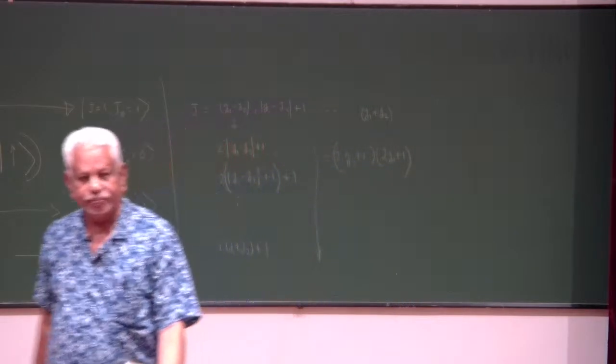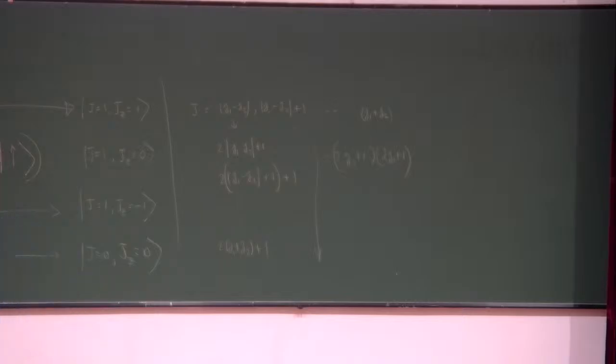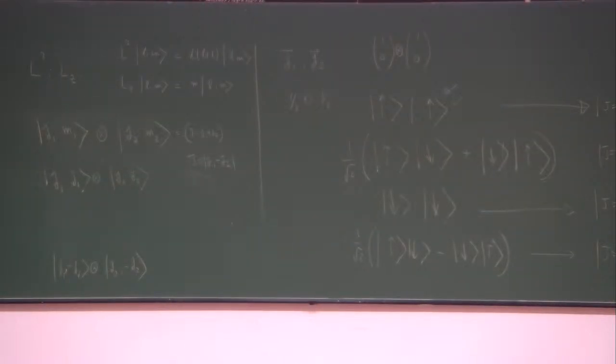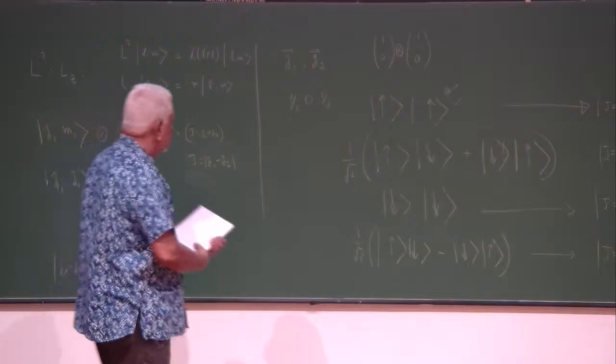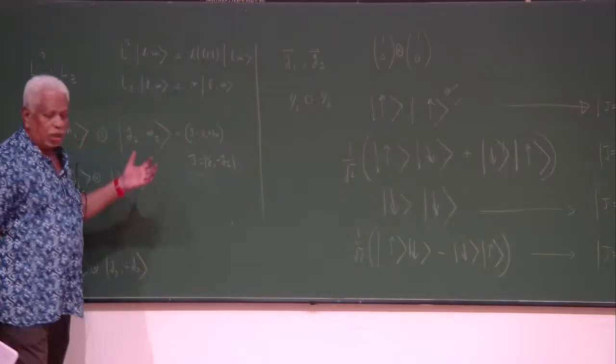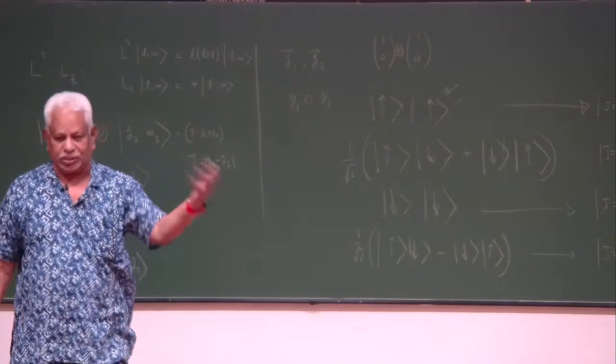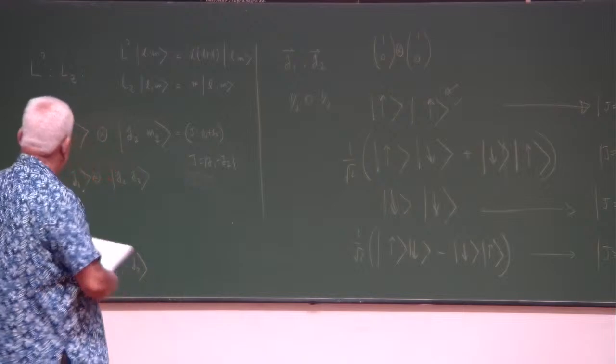Is that clear? So I am trying to finish it fast so that I can go to time independent perturbation theory. So this is the first part. And you can ask the question, what is the relationship between the bases? Now this one is unique.